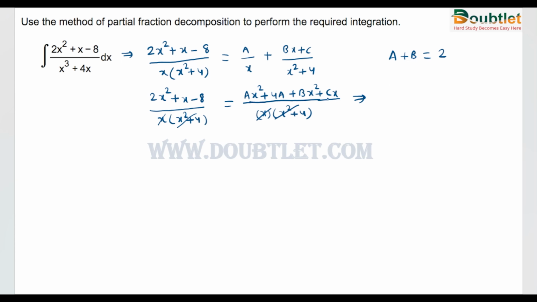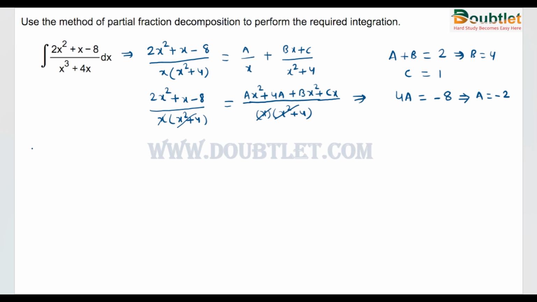Here the coefficient of x is c only, and there it is 1, so c should be equal to 1. The constant term here is 4a only, and there it is minus 8, so 4a is equal to minus 8. From this equation we find a is minus 2, c is equal to 1, and if we put a equal to minus 2, b will become 4.